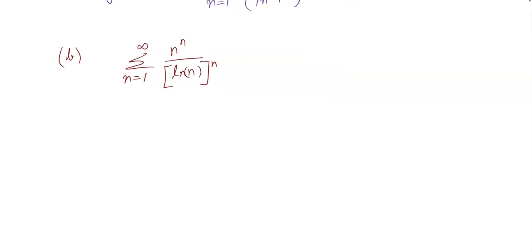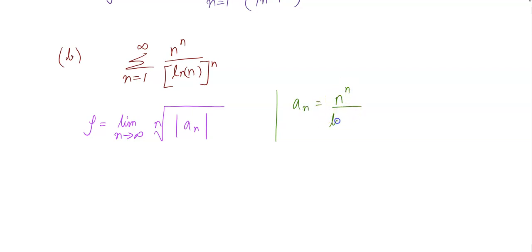So let's focus on taking rho, because this is the root test, and let's acknowledge that a_n is n power n over (ln n) power n.